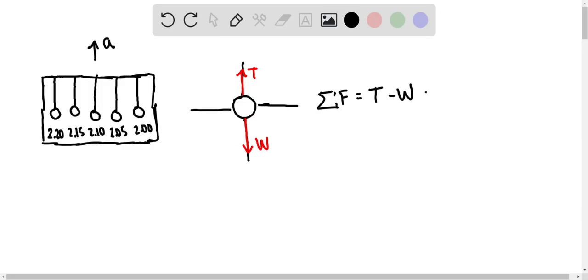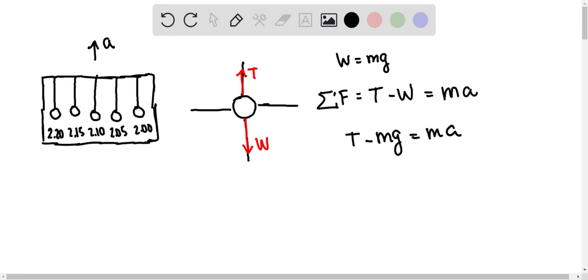minus the weight. But we know that the system is moving upward with a positive acceleration, so this is equal to m times the acceleration. Knowing the definition of the weight, which is the mass times the acceleration due to gravity, we obtain the following.